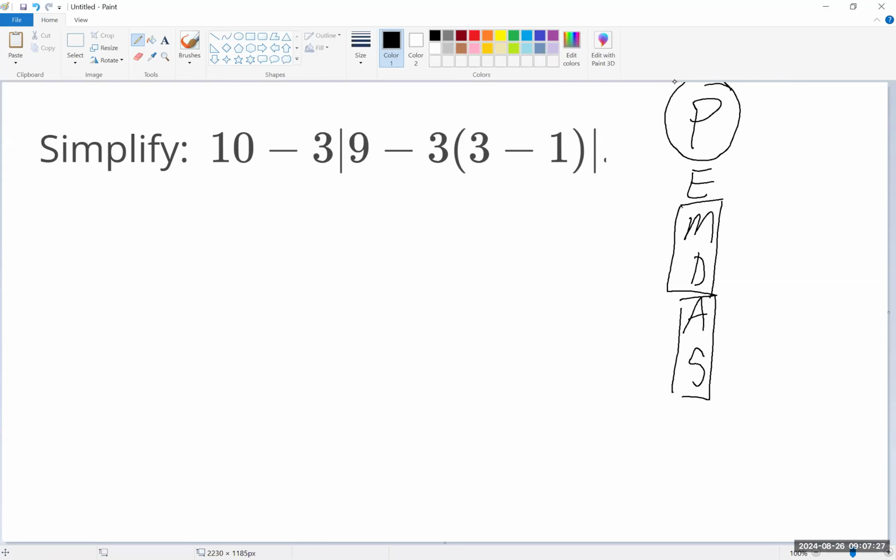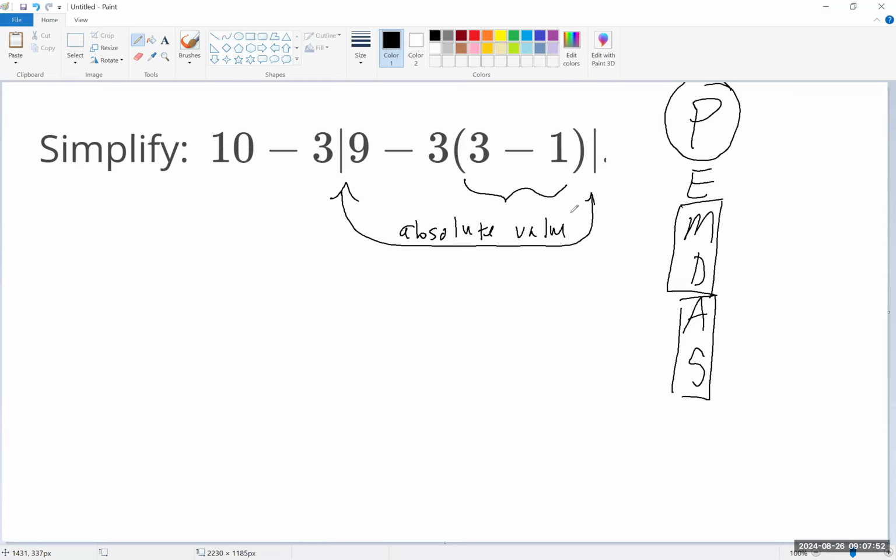Now, the trouble on this one is you do have one set of parentheses, so that might be obvious that that's where you start. But that absolute value is functioning, it has two functions.